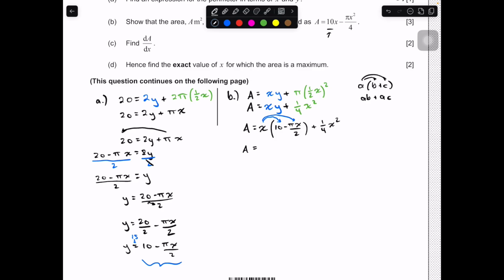Area is equal to x times 10, which is 10x. X times negative pi x over 2 is going to be negative pi, x times x is x squared, over 2. And then we still have this. I'm going to rewrite this: 1/4 of x over 2 is just going to be x squared over 4.